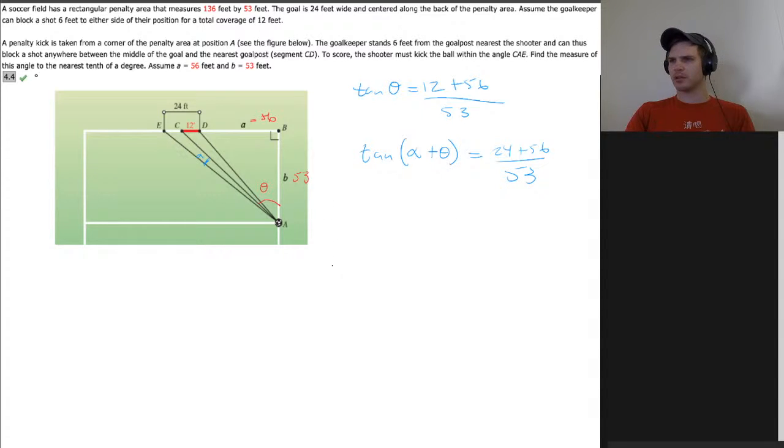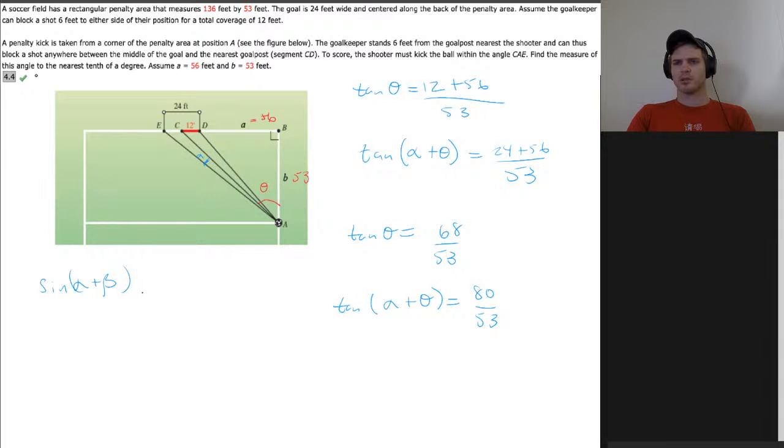So we've got tangent of theta equal to 68 over 53, and tangent of alpha plus theta equals 80 over 53. Okay, so this probably is a good one for the angle sum formula. Let me see if I can remember this. So sine of alpha plus beta would be, or actually let's use alpha plus theta since that's what we have here.